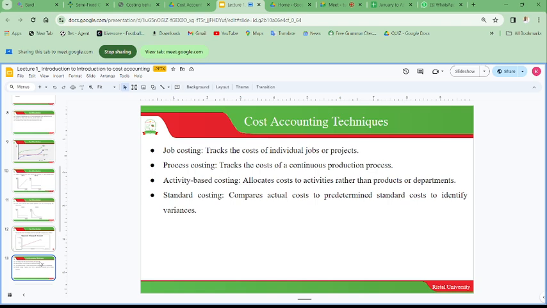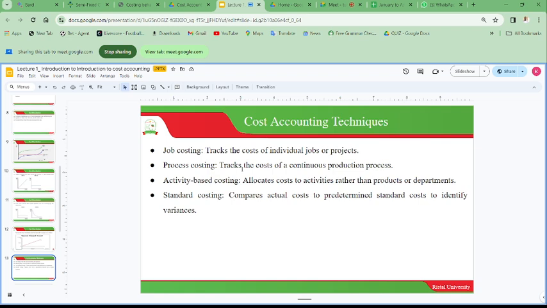So let's look at the cost accounting techniques. We have job costing, process costing, activity-based costing, and standard costing. Job costing tracks the cost of individual jobs or projects. Process costing tracks the cost of a continuous production process.